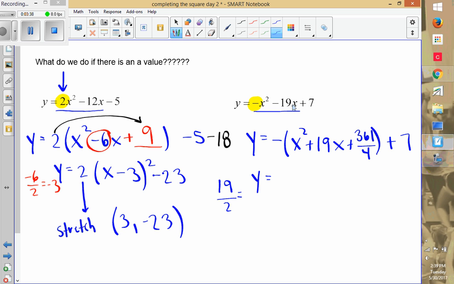However, remember, this is actually going to be adding in technically a negative 361/4 because you would have to take the negative out front times your 361/4. So actually, in order to balance this out, we need to do the opposite of that, which is what a lot of people forget: multiplying by whatever value that you have taken out front.